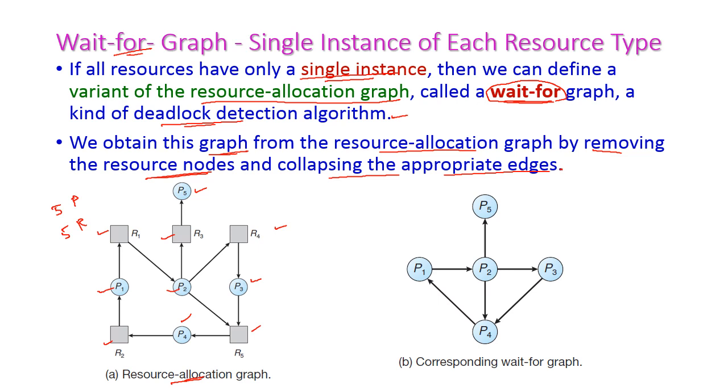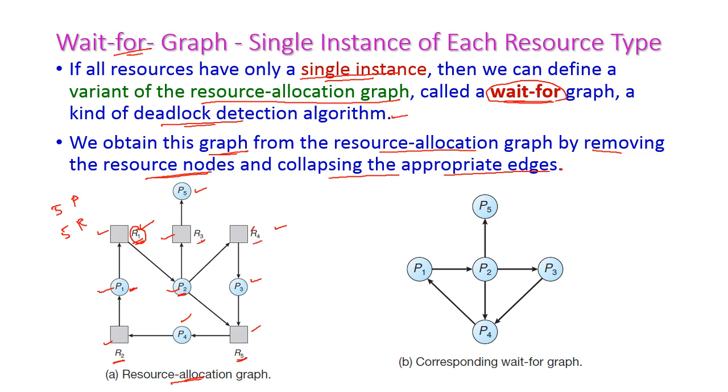When it comes to P1, process 1 holds resource 2, but it is waiting for resource 1. Process 2 holds R1, that is resource 1, and it is waiting for R3, R4 and R5.